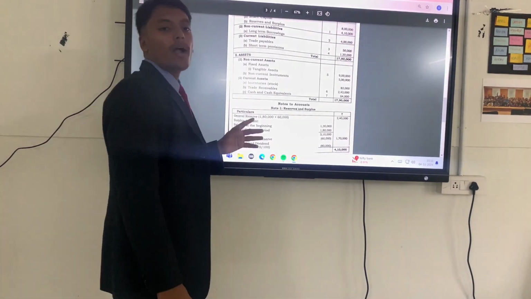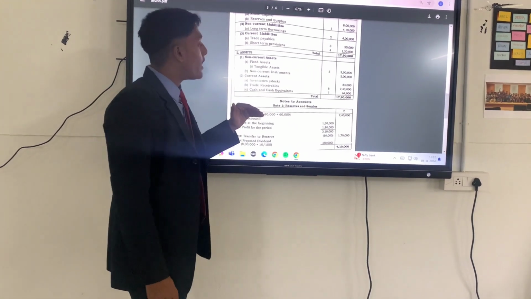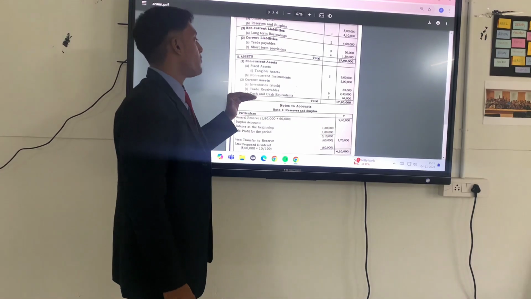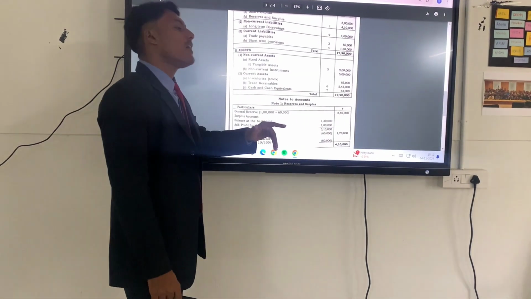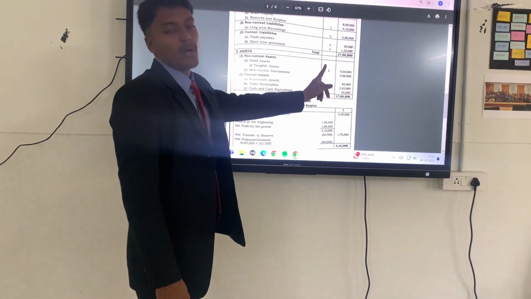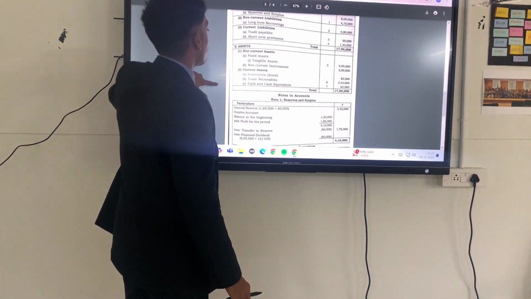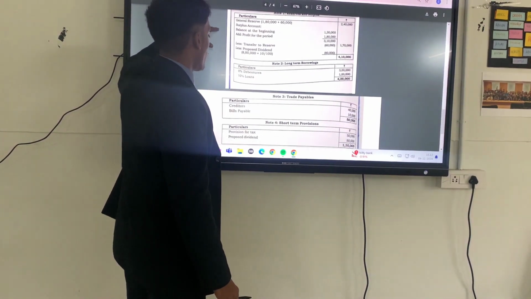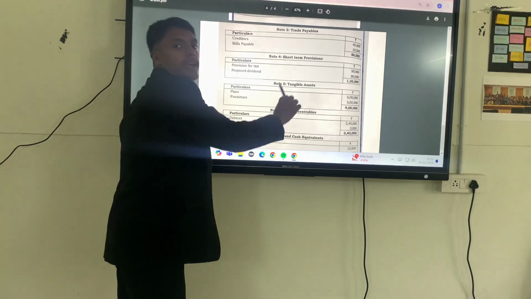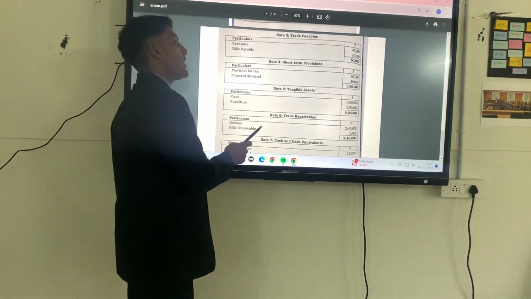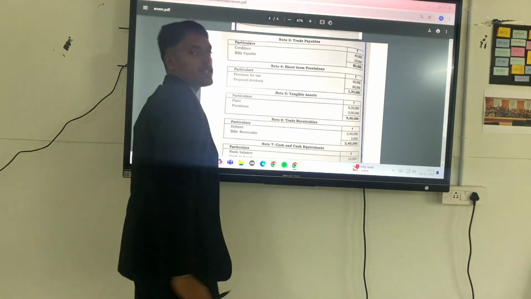And the first one is non-current assets. Under non-current assets, there comes fixed assets, and under fixed assets, there come tangible assets. When we see note number 5, we can go through it. So here we can see there are tangible assets. Under the tangible assets, there comes plant, which is given in the question, that is 6 lakh.